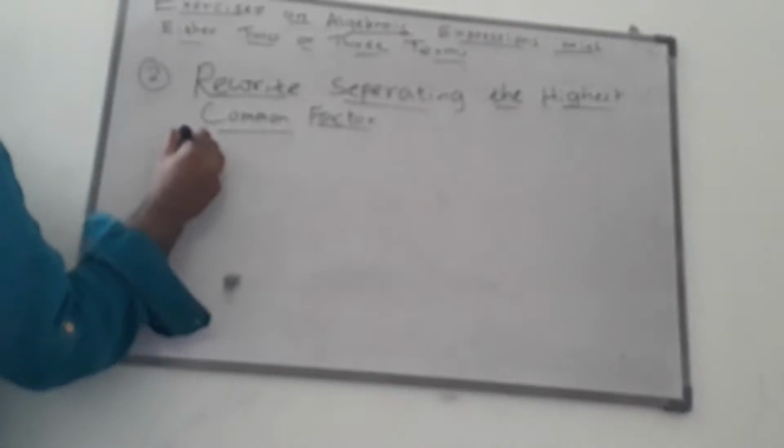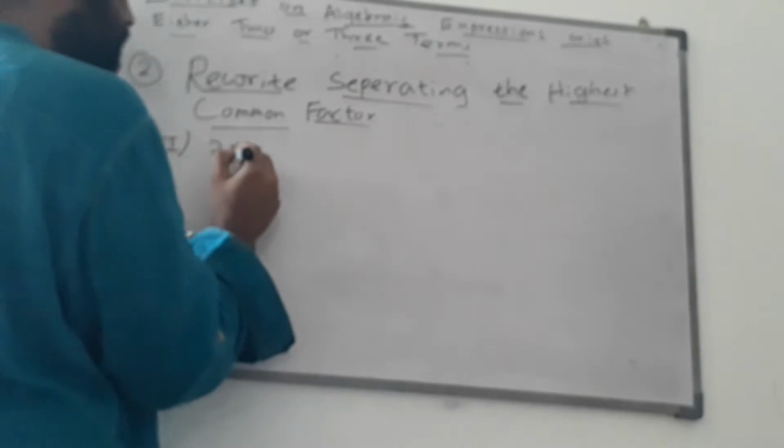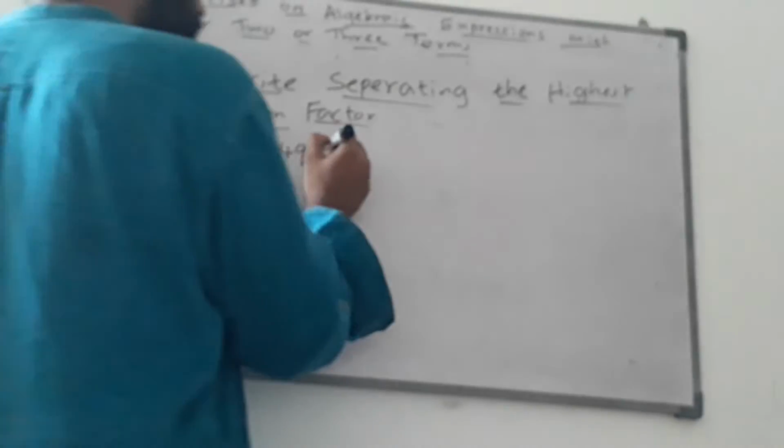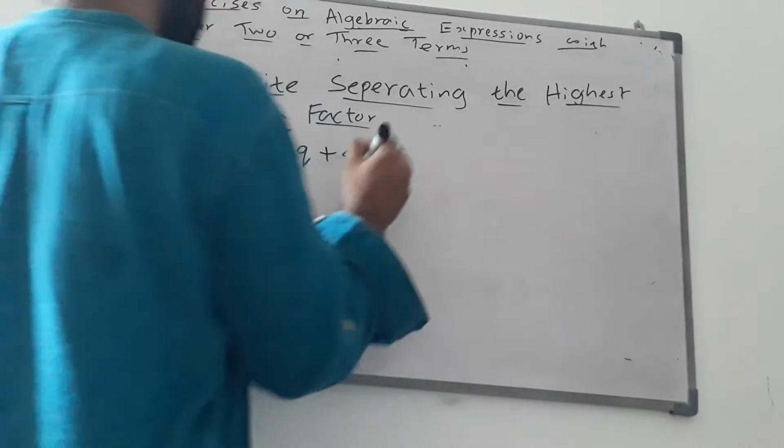First question, 2p plus 4q plus 8 equals, how can we do that?